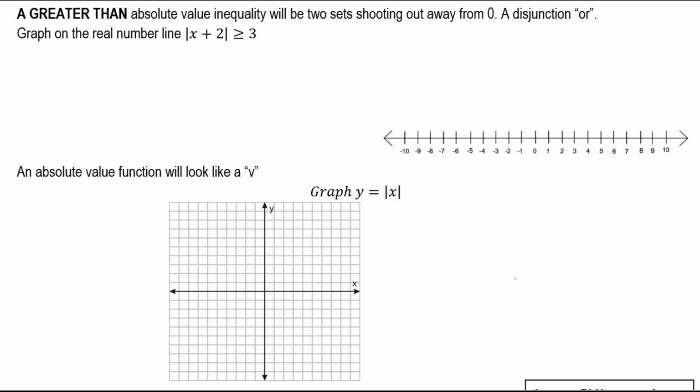Okay, a greater than absolute value inequality is going to be actually two sets of numbers shooting away in different directions, or a disjunction. So if you want to graph on the real number line the absolute value of x plus 2 is greater than or equal to 3, what you're saying is this quantity, x plus 2, has to be further away from 0 than 3, or 3 or further away from 0.